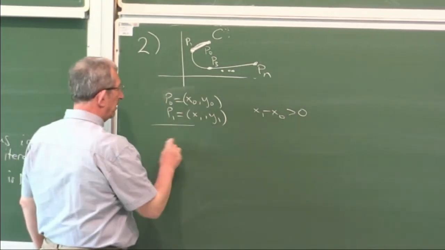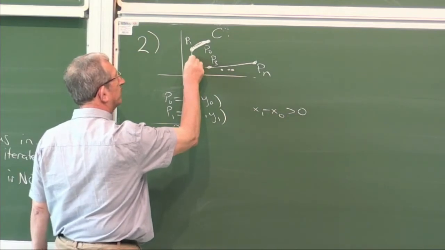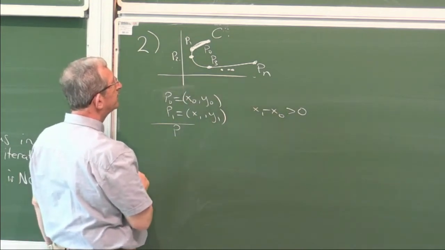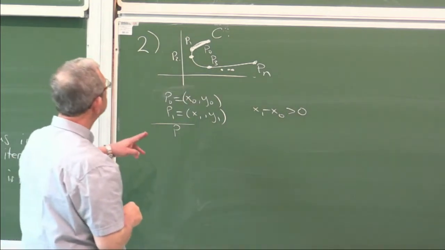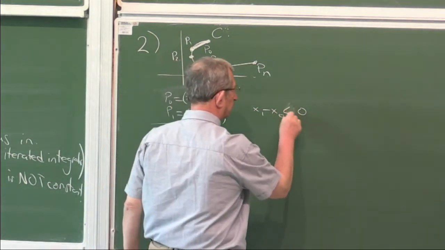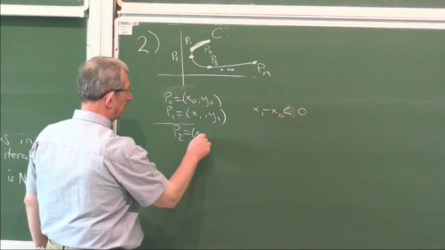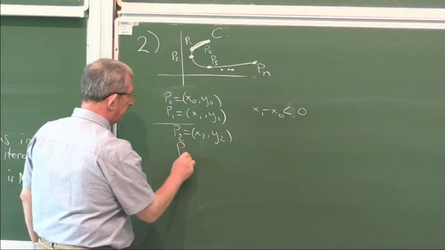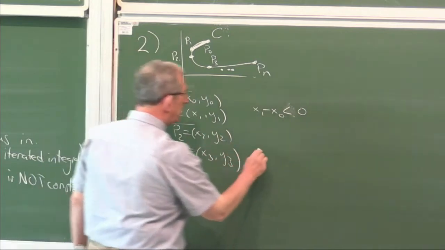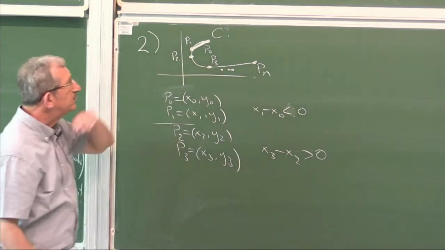But if I look at P2 and P3, wait a minute, something is wrong. Yes, of course, this is not positive. It's negative. So when I consider P2 and P3, from here, if I look at x3 minus x2, it becomes positive in this picture.